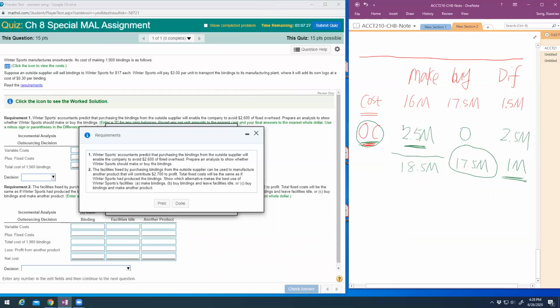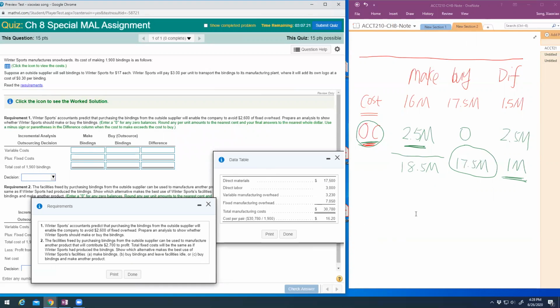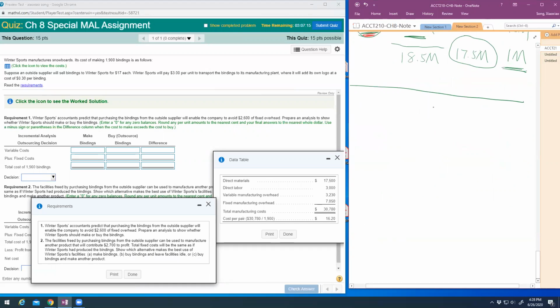Okay, so for make or for buy, let's look at this information together. Now you have make, we have buy, we have the difference, and then we look at the variable cost for make. It said the cost is direct material, direct labor, variable manufacturing.